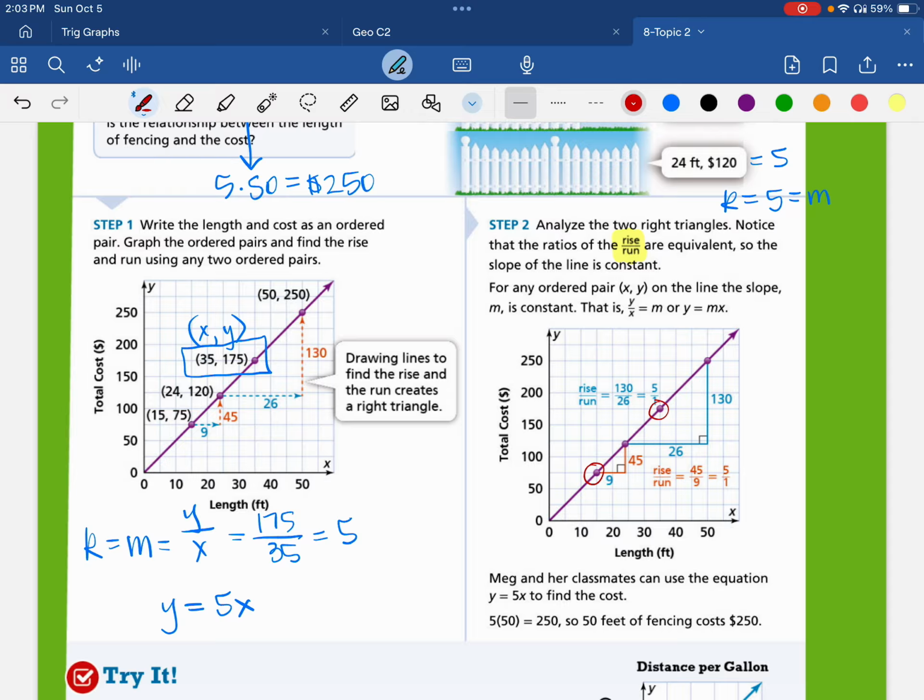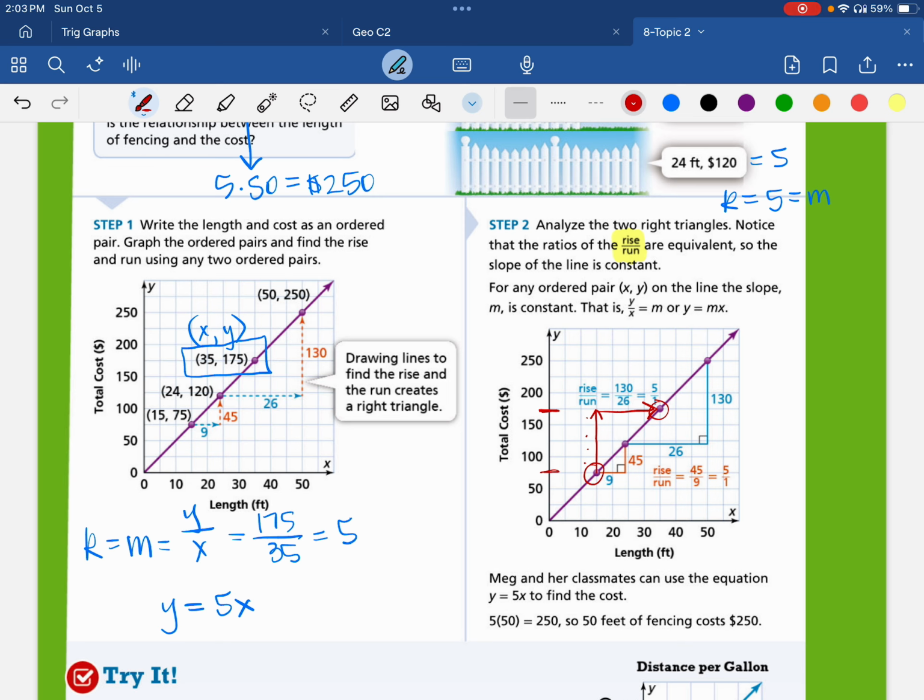I typically like to do the rise first and then the run. So I would determine from that first point to the third point how far up I have to go and then how far over I have to go. Keep in mind when you're doing this that we are not just counting how many squares, but you're actually looking at the y values that correspond to that distance.